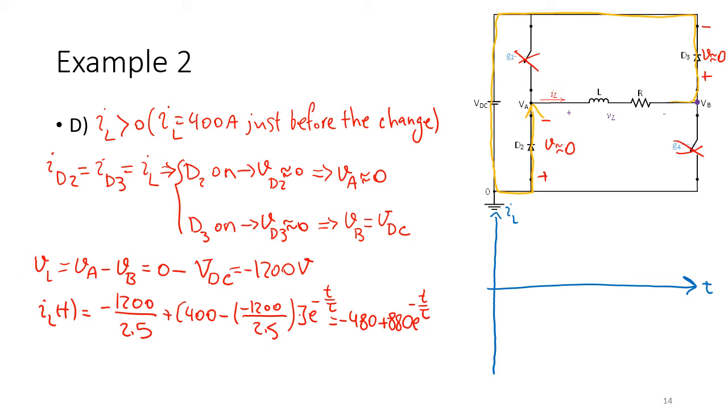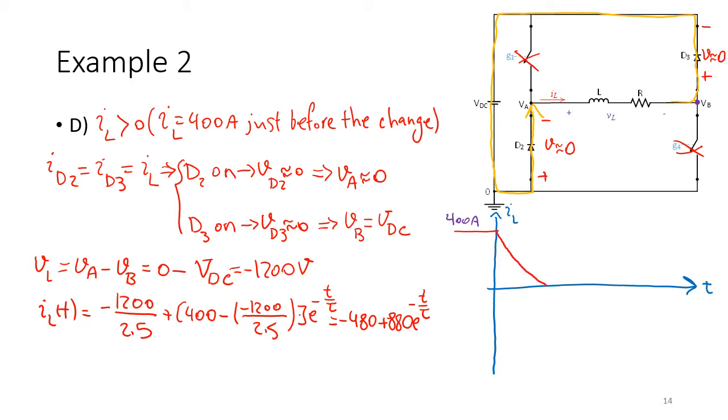So before T equal to 0, the current is constantly 400 ampere. At T equal to 0, we change the switches. So it starts to decay exponentially.